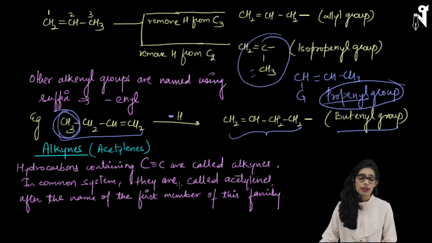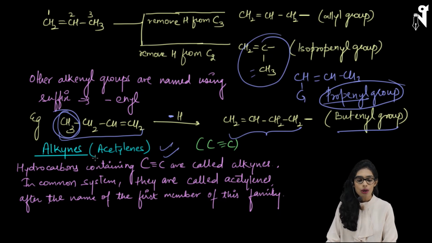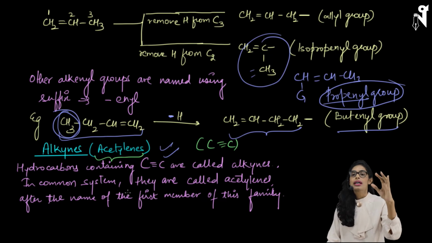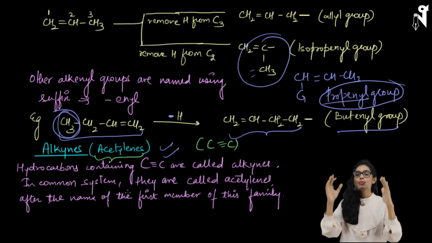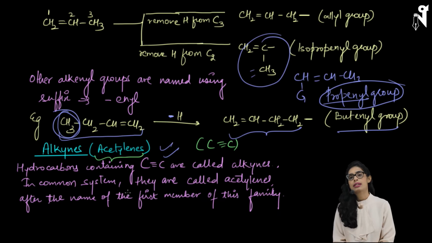The next category we'll talk about is alkynes. Alkynes, again, we know already, we have learned this in grade 10th. Those are nothing else but the chains carrying carbon triple bond carbon along with carbon single bond carbon. These are also called acetylenes, and it is called acetylene because it's the first compound. That means whatever alkynes we have, the smallest alkyne is called acetylene, and that is the reason why even the whole group is called acetylene.